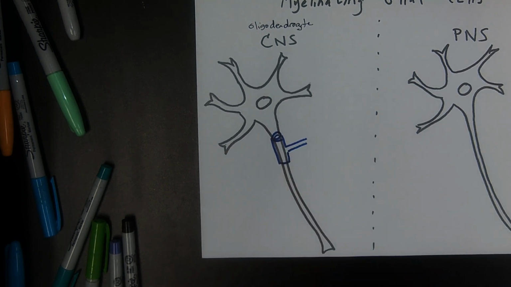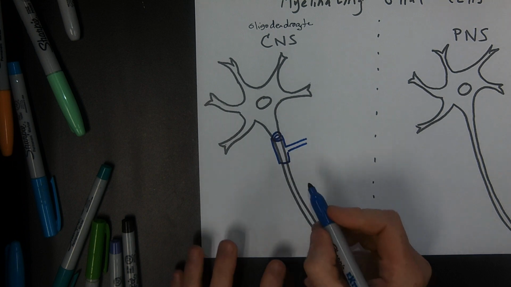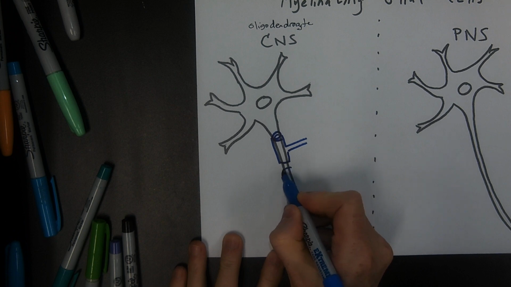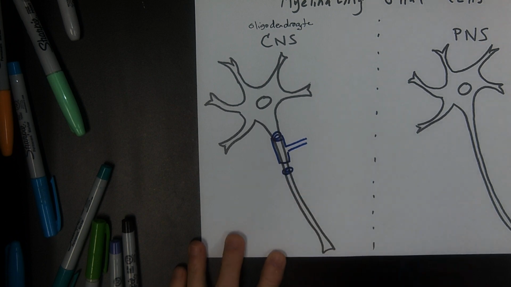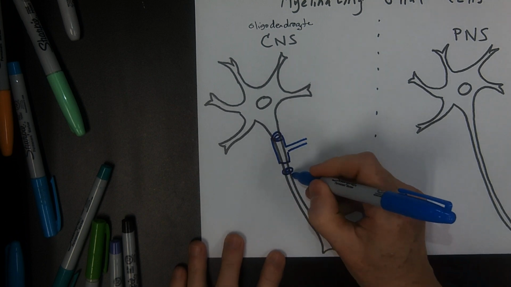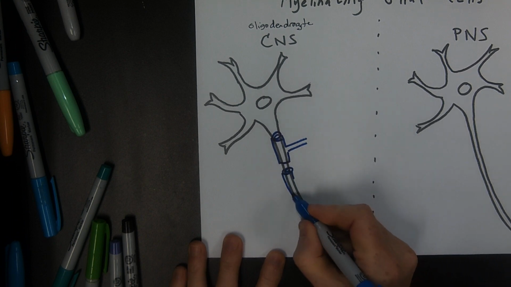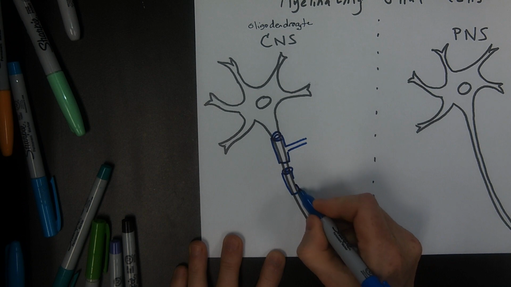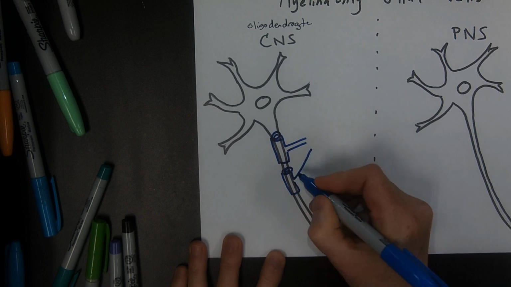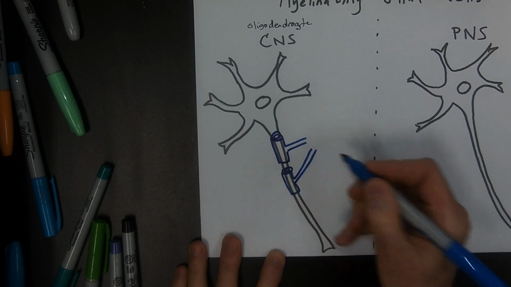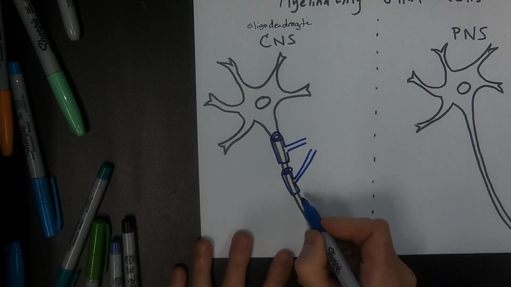That's going to be one myelin sheath coming from the oligodendrocyte. The cool thing about oligodendrocytes is they can put out multiple appendages and make multiple myelin sheaths on individual neurons or even adjacent neurons. So they're really not limited as far as their scope is concerned.